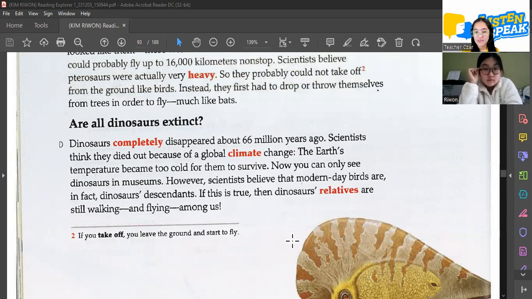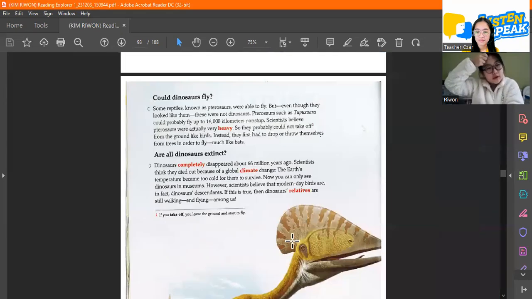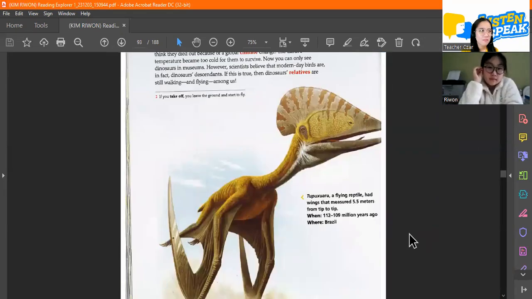Do you have any more questions? Like for example, the ostrich is also a descendant of some dinosaurs, like crocodile, turtle, and more, because they have the features of dinosaurs.